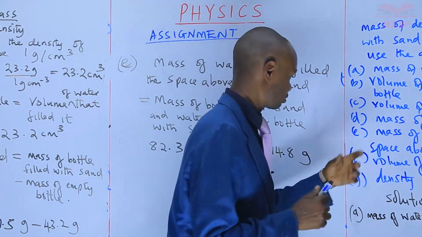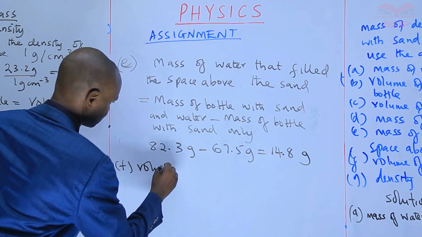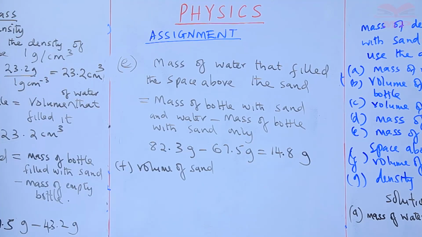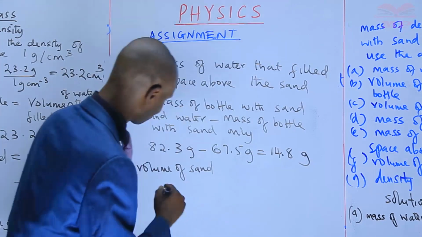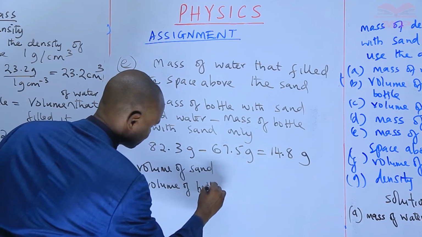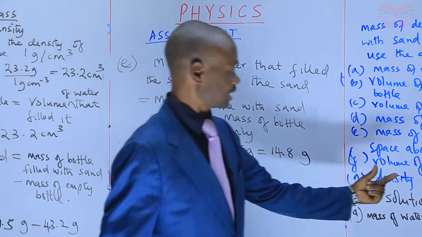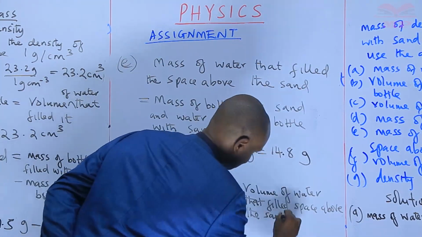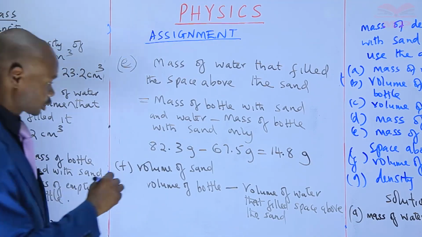That's why the question comes, volume of sand. You should actually be very keen here. The volume of the sand will be equal to the volume of the bottle, subtract the volume of water that filled the space above the sand. The volume of the bottle we had earlier calculated as 23.2 centimeters cubed.